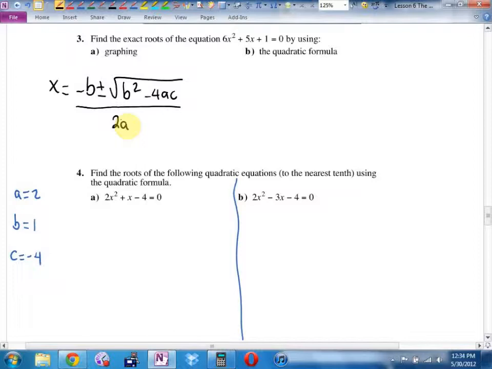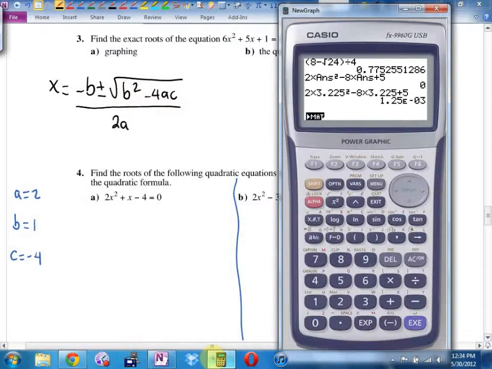Put your pencils down. I've taught you to do the square root first. The reason you can do this all in one line, you can go bracket negative b plus square root bracket b squared minus 4 times a times c, close off the square root, close off the top, divided by 2a.